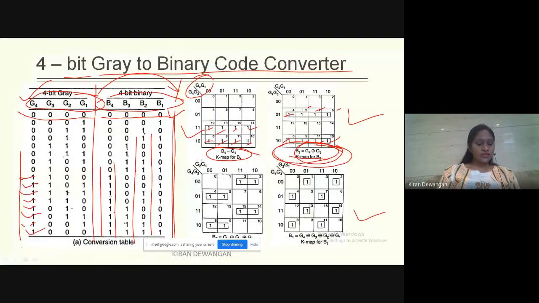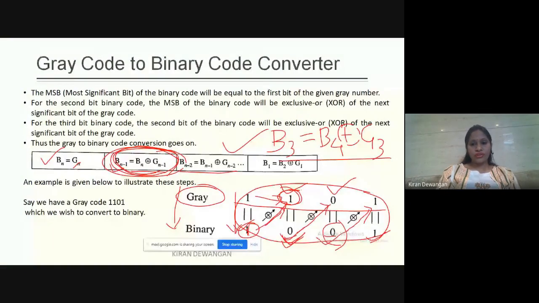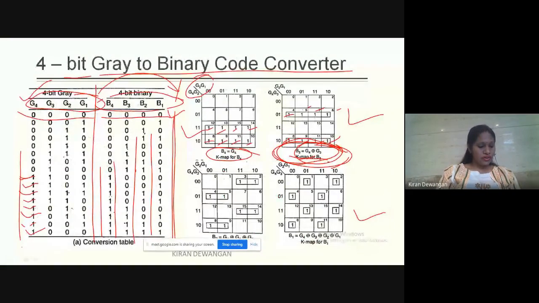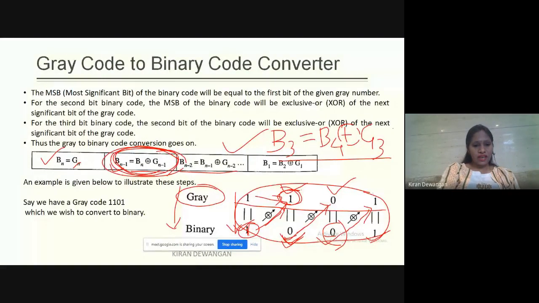It is G4 XOR G3. How can we justify this? In place of B4, here it is written G4. Can anybody explain? Here we have obtained G4 XOR G3, but in the formula we are writing B4.